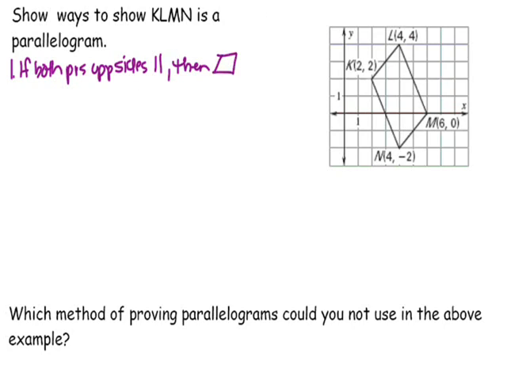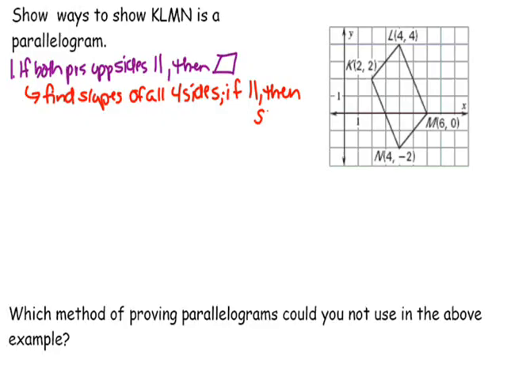All right, so what do I need to show that both pairs of opposite sides are parallel? Well, I need to find the slopes. So find slopes of all four sides. And if parallel, then they'll have the same slope. All right, so that would be my first method of proving that this is a parallelogram.